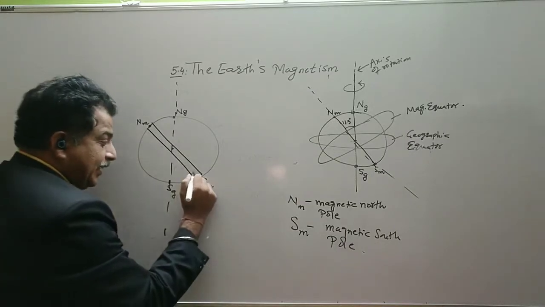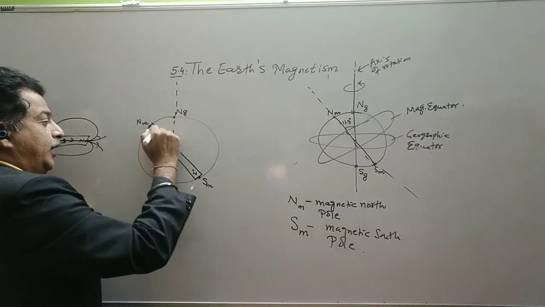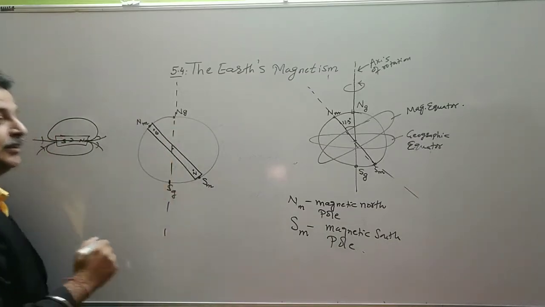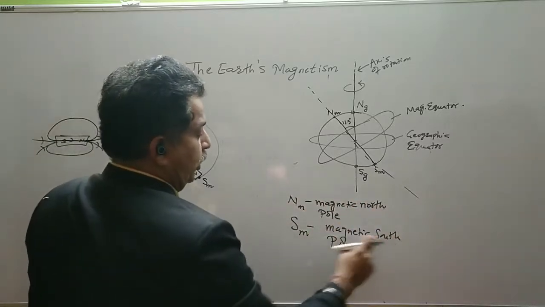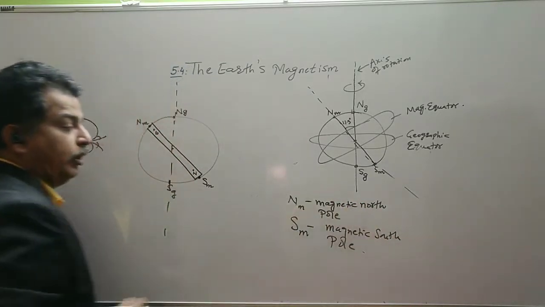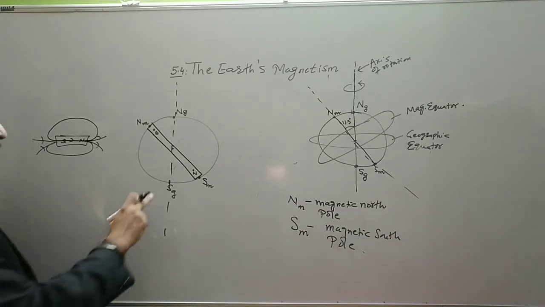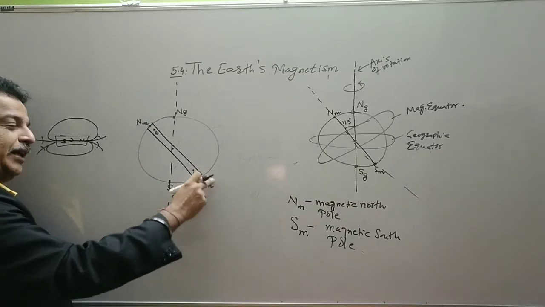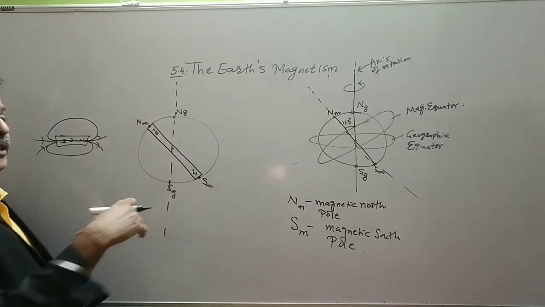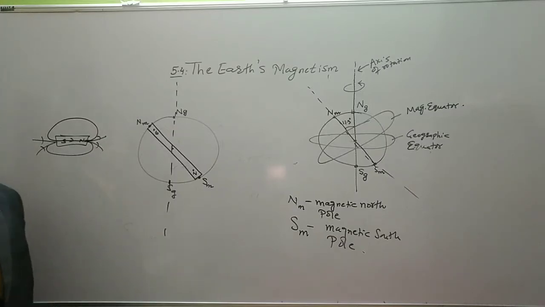So inside it, its behavior is like a north pole and this behavior is like a south pole. Though we name them magnetic south pole and magnetic north pole, the behavior is opposite. But because it was lying near the geographic south, it was named magnetic south. While studying, you have to keep in mind that the behavior is exactly opposite.